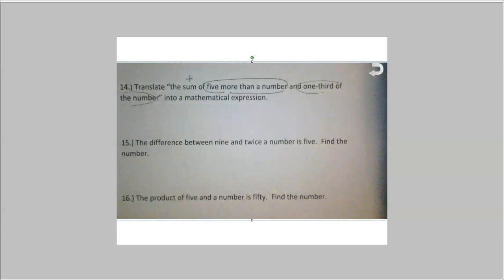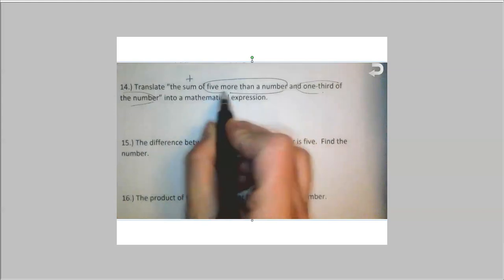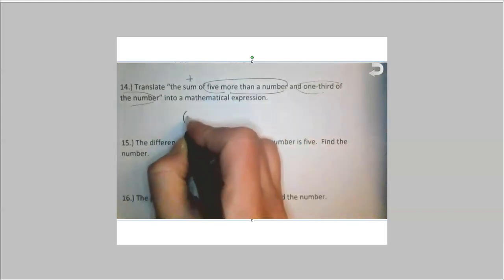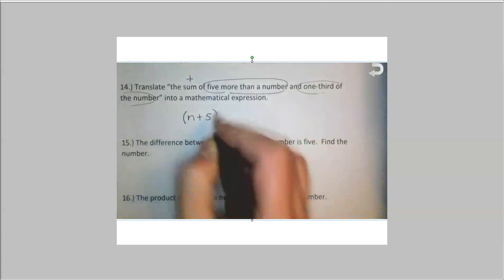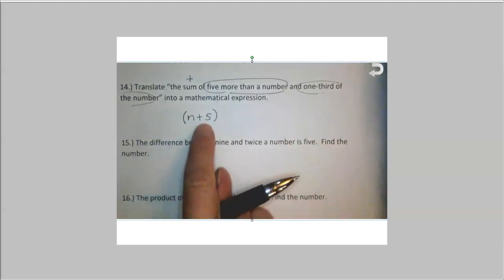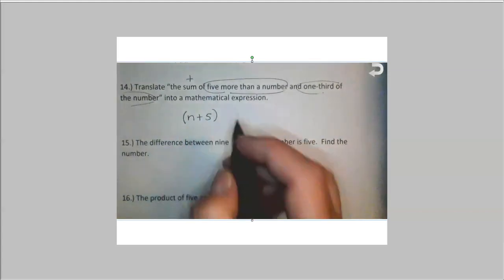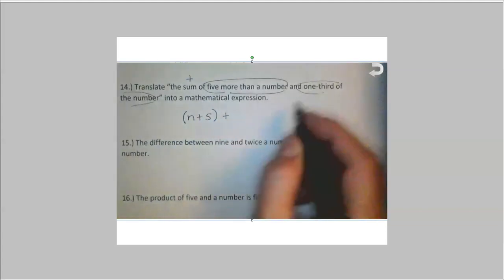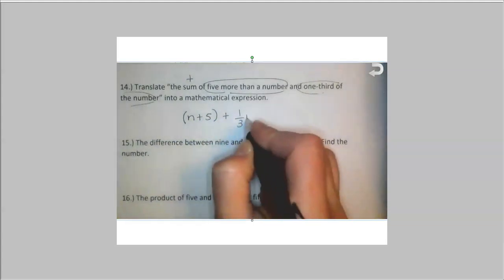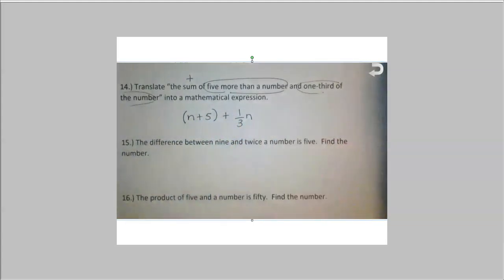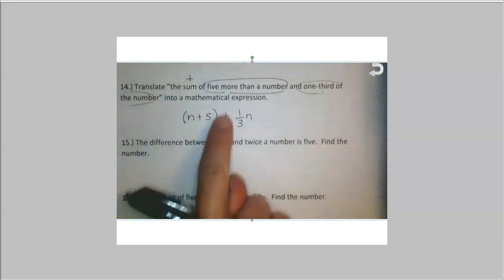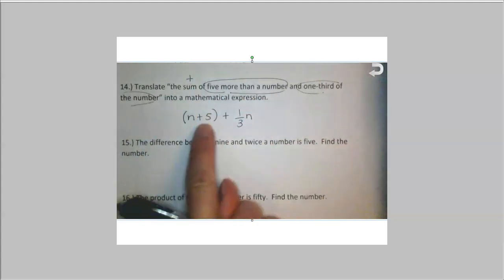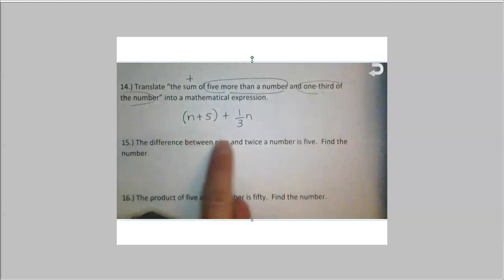You can use any variable, x, okay, n for number, whatever you prefer. But I'm adding 5 more than a number, so n plus 5 or 5 plus n because it's commutative. That's being added to 1/3 of that same number, okay? So I'll keep the same variable. So the sum of 5 more than a number and 1/3 of the number. This is my expression, and I'll just leave it like that.